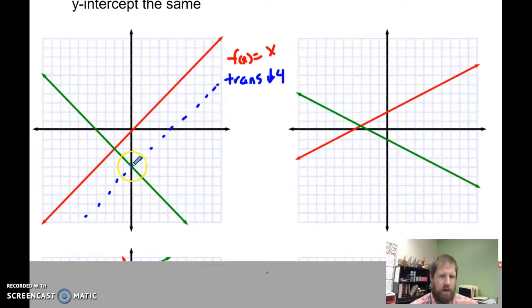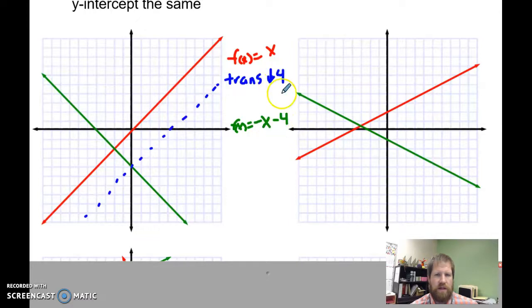Then I'm going to look at my green line, and this line is now f of x equals a negative x, because I am going down and to the right. So my slope is still 1, but now it's negative, and -4.